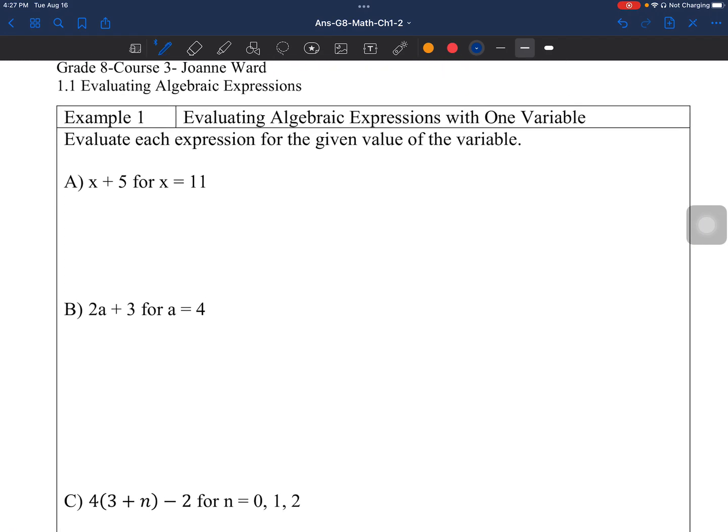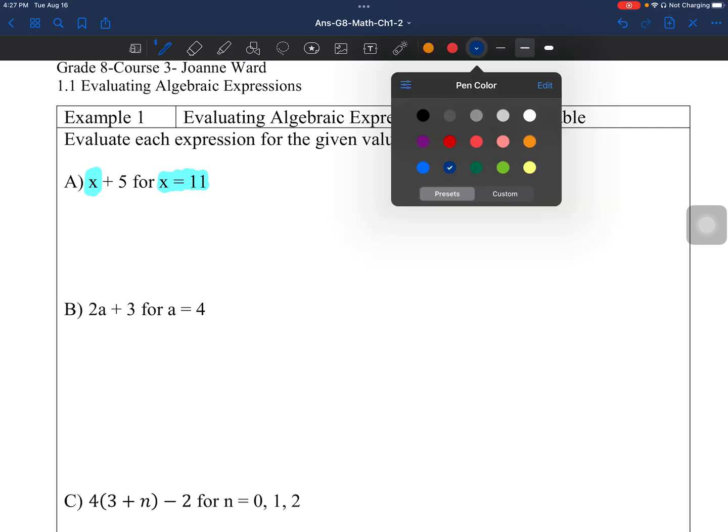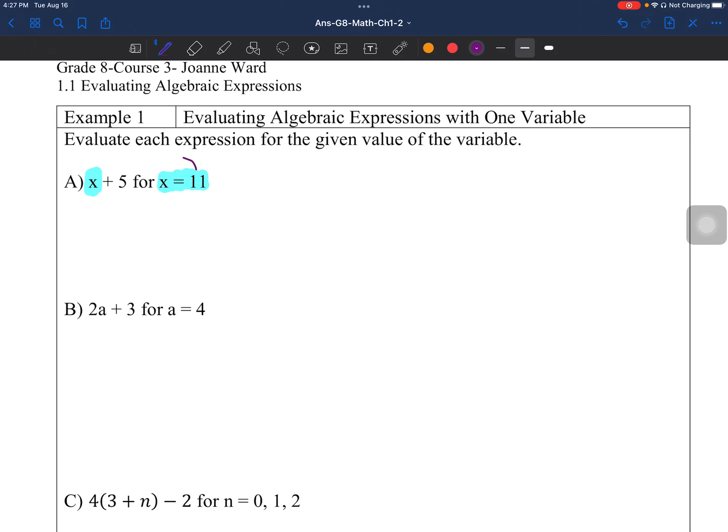So here, example 1. I want to evaluate the expression for the given value of the variable. Evaluate x plus 5 when x equals 11. In this case, I substitute 11 for x, so it becomes 11 plus 5, which is 16.